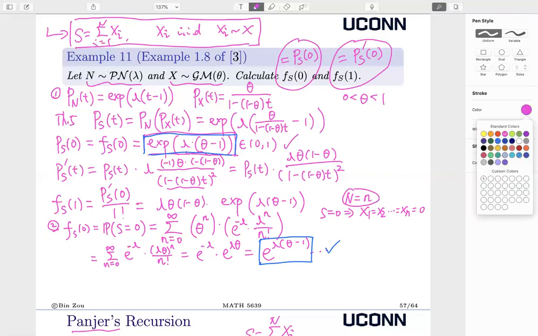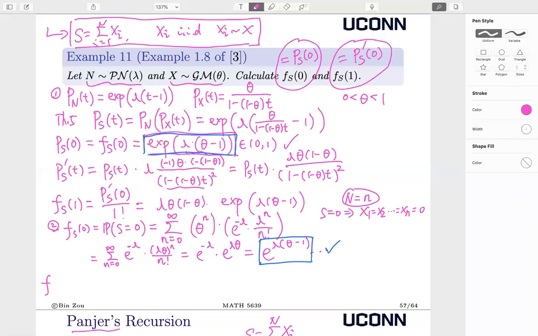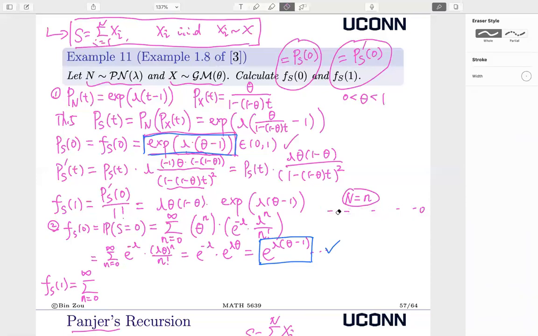Of course, you can do the same thing for S equals 1. So first of all, I discuss for every possible n. Now I don't want everything to be 0. Now I want S to be 1. Okay, so S to be 1, which means one of them is 1, right?